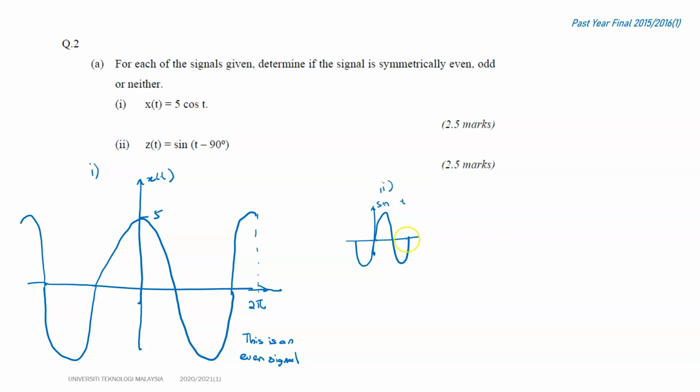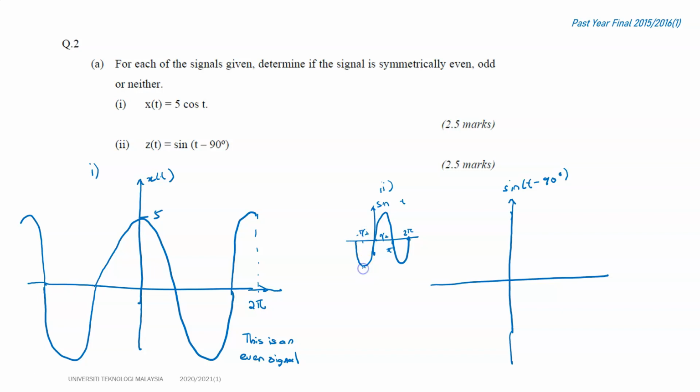For sin t, we have 2 pi here, and for sin(t minus pi over 2), we draw another axis, but now we have to shift it by 90 degrees. Where is 90 degrees? In the original sin t, we have 2 pi here, and we should have pi here. This is pi over 2, which is 90 degrees, and here is negative pi over 2.